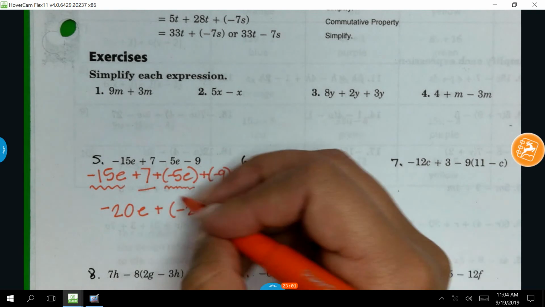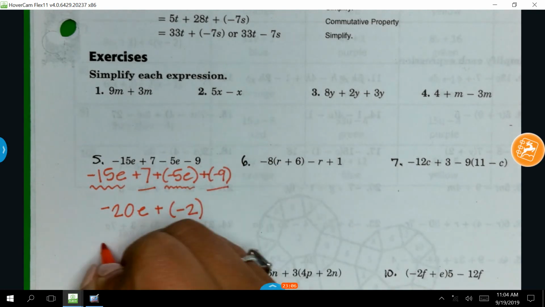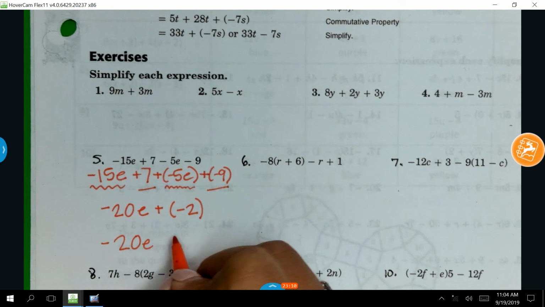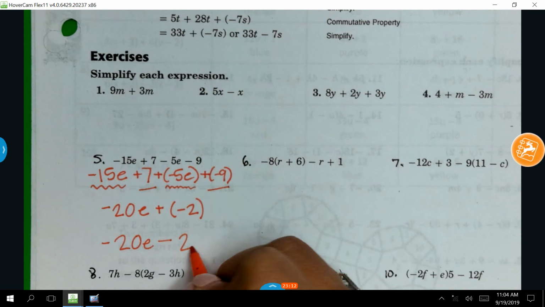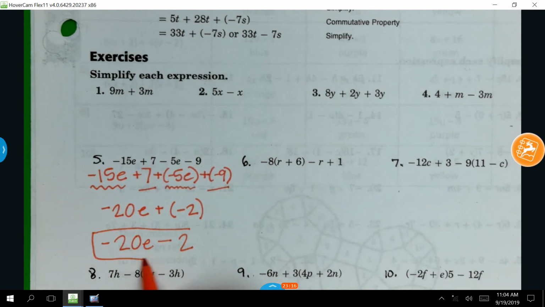Can I simplify that a little bit further though? Yes, you can. Negative 20e minus 2. Good. I want to make sure that I'm simplifying that plus a negative. I want to change that to just a minus. So negative 20e minus 2. Okay. Questions on that?